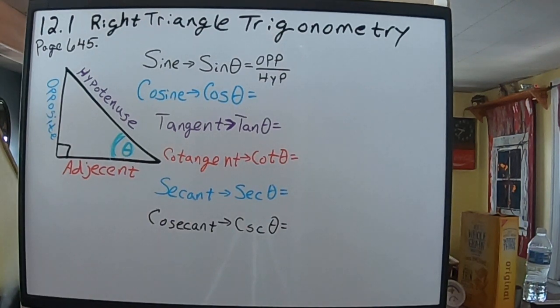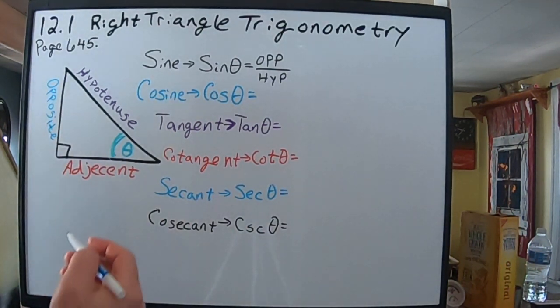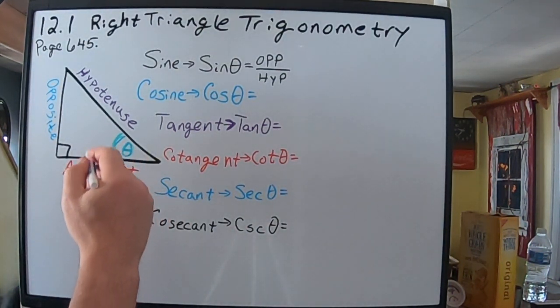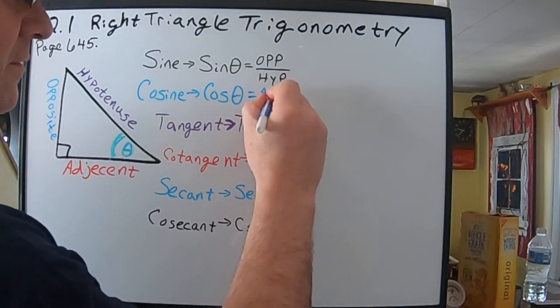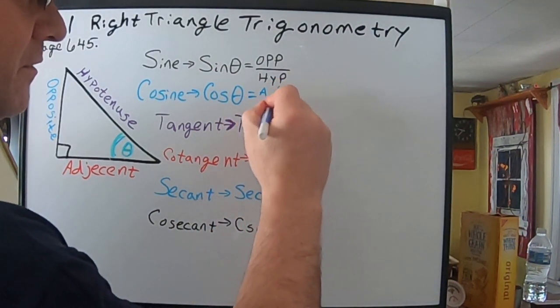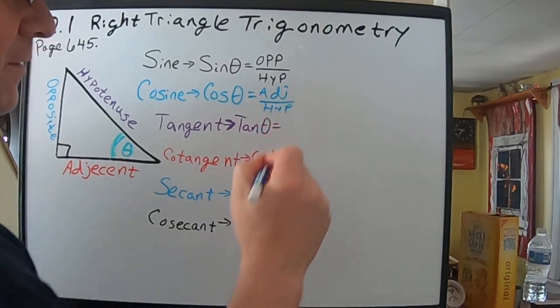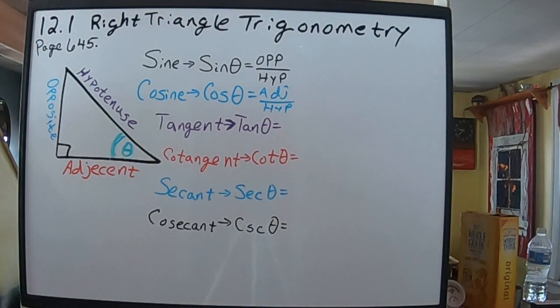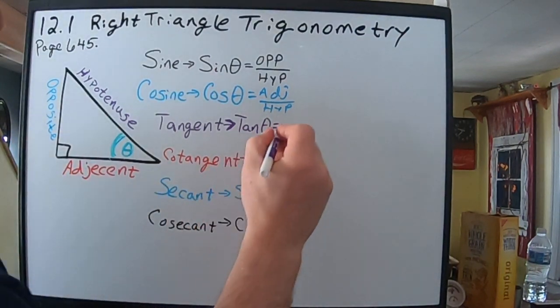The cosine of theta is adjacent over hypotenuse. Tangent of theta is opposite over adjacent.